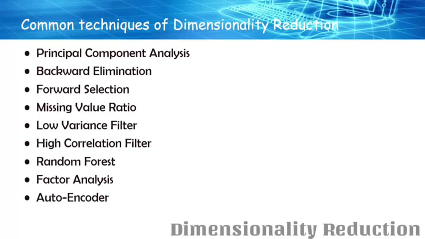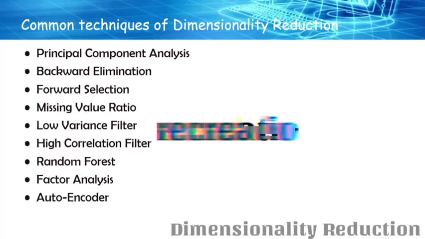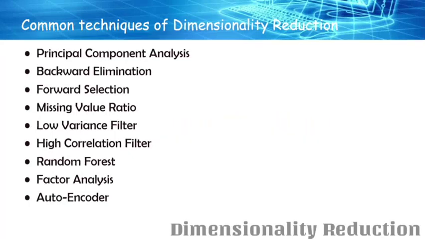It mainly has two parts, an encoder and a decoder. The encoder does the compressing into a latent space representation, and the decoder does the recreation of the output. So during input you do the encoding process, and during output you do the decoding process. That is the autoencoder, another commonly used technique.